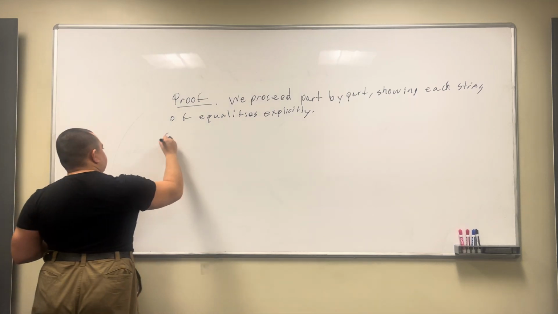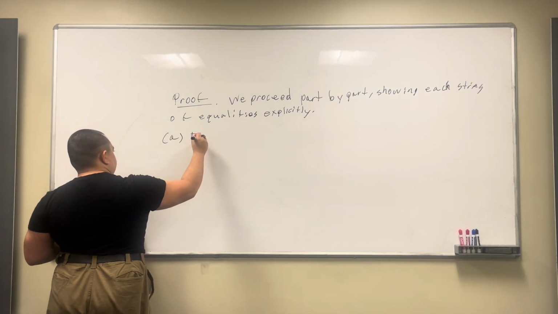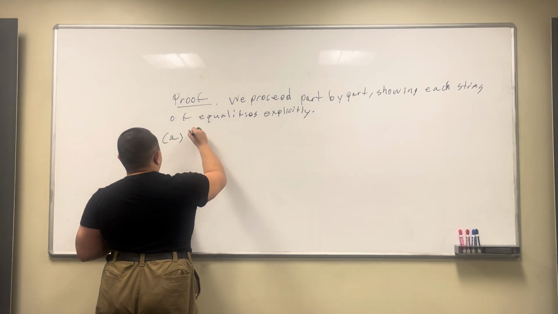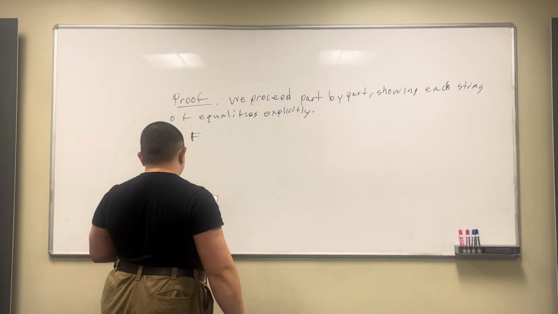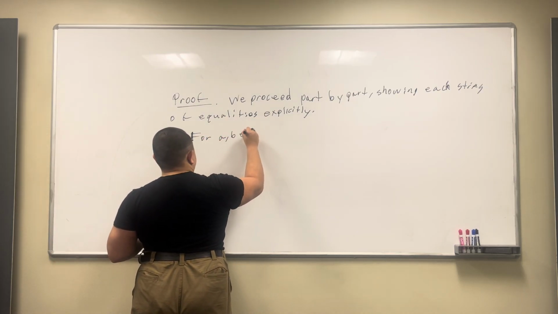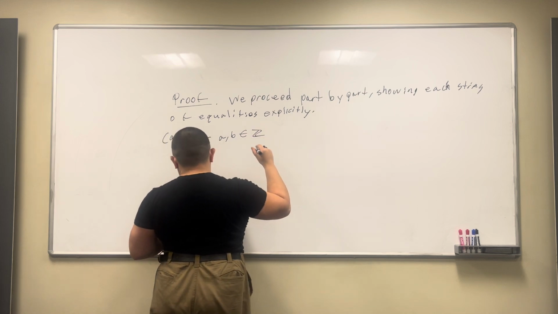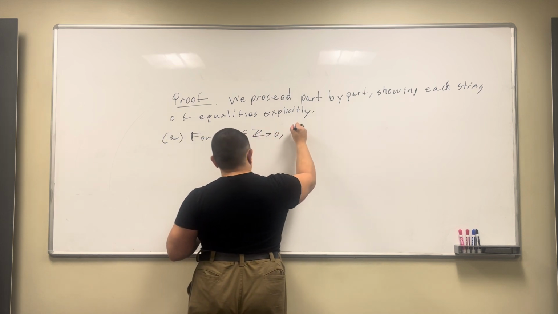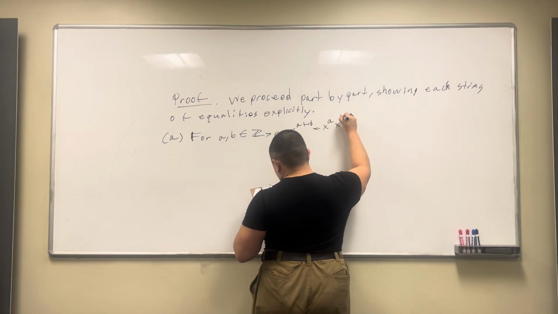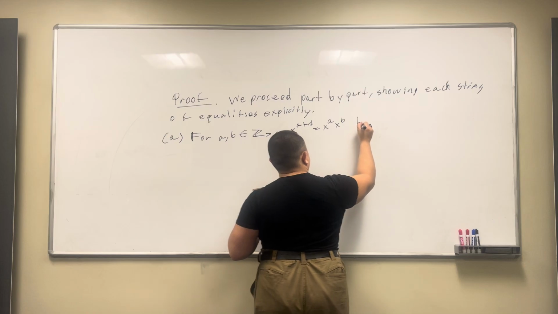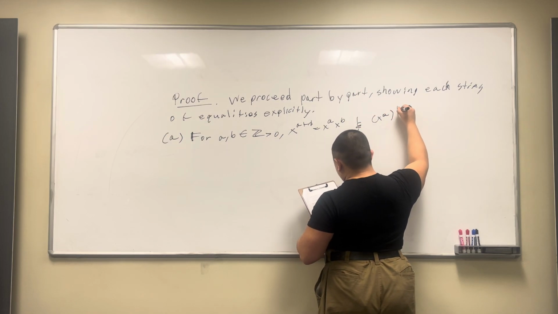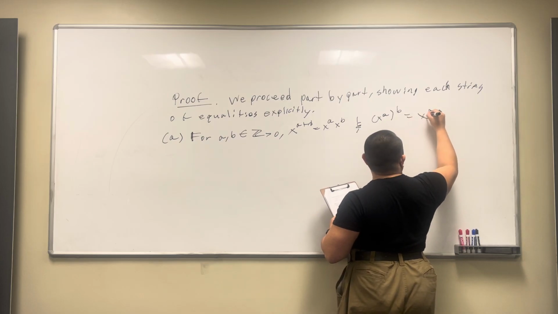For part 1, we'll just call that A, because that's how it is in the book. I just put it into 1, 2, 3 to show that there are 3 parts to this. But for a, b within the positive integers, x to the a plus b is equal to x to the a times x to the b. This is what we want to prove. And open parentheses x to the a, close parentheses to the power b is equal to x to the ab.